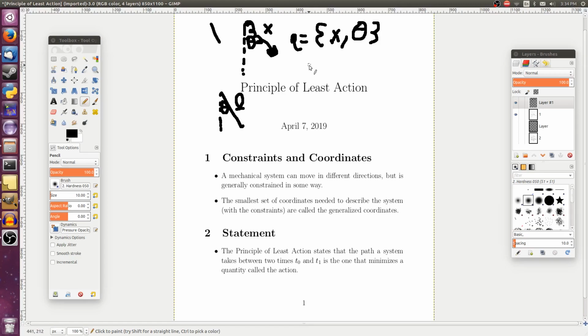So mathematically, we could say that if we took the dot product of these two differential vectors, it has to be zero. If we took a tiny change in x and dotted it with a tiny change in theta, it should be zero, because they're perpendicular.